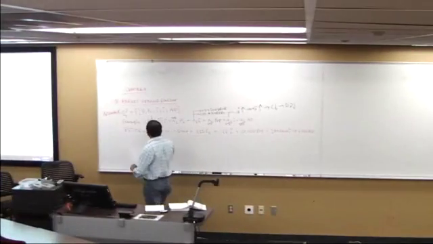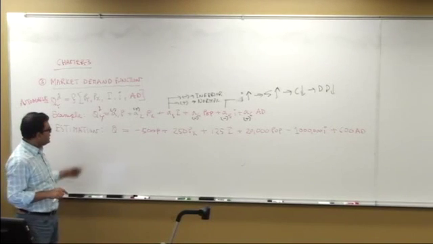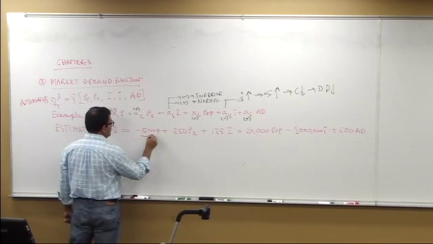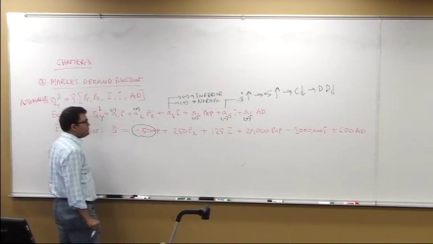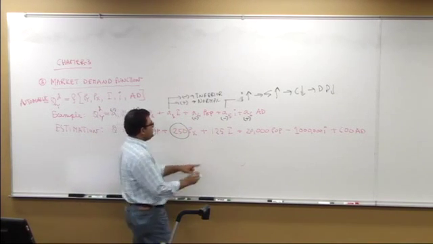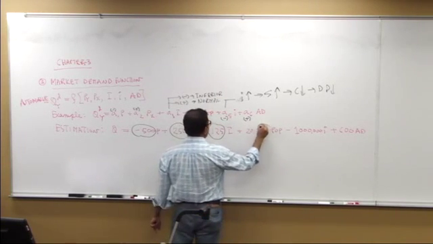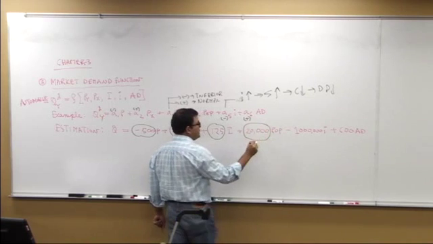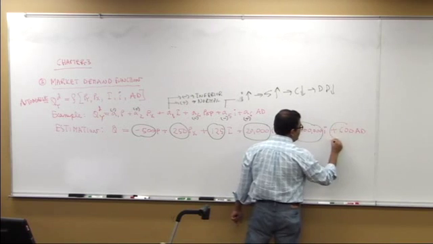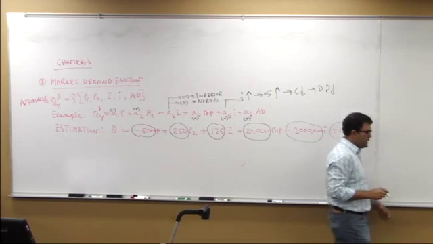When they put this demand function to test with actual data, they found coefficient A1 to be negative, coefficient A2 to be positive, A3 to be positive, A4 to be positive, A5 to be negative, and they found coefficient A6 to be positive.